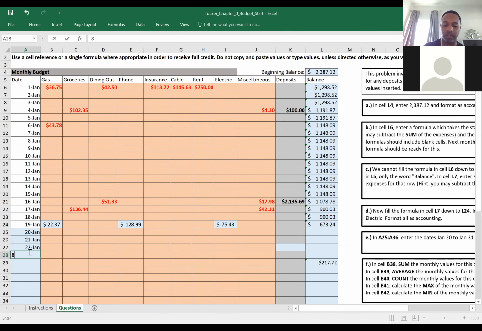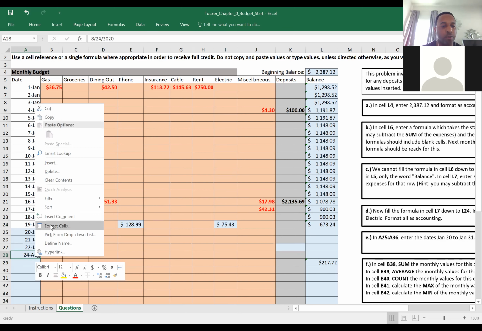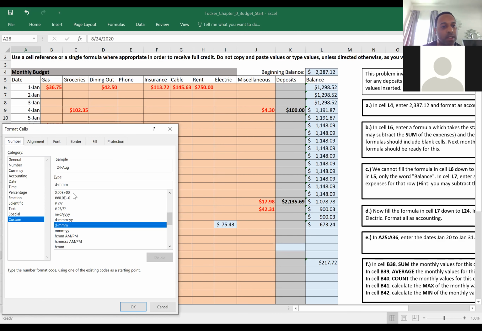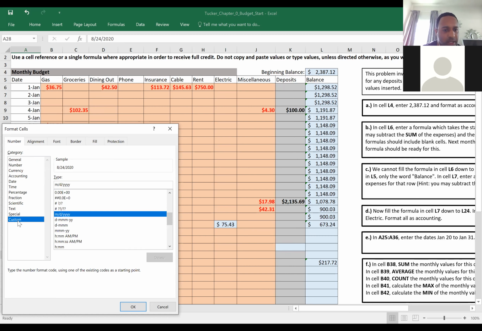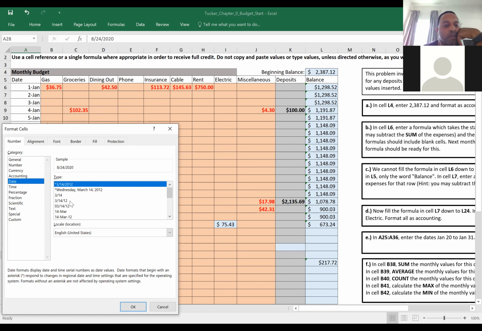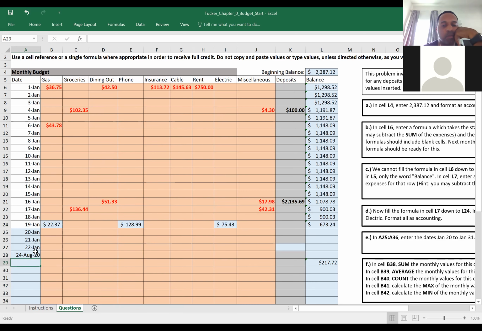Let's say I want to do August 24th, well, they're already set up that way, but I would right click and hit format cells, and then I can go to date, and these are the different ways you can put your date in, and they even have a way to customize it too. But the main ones you would use would be right here, and I could even change it that way. So yep. Thank you very much for the suggestion.